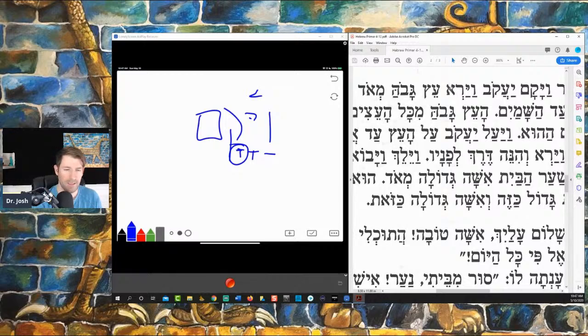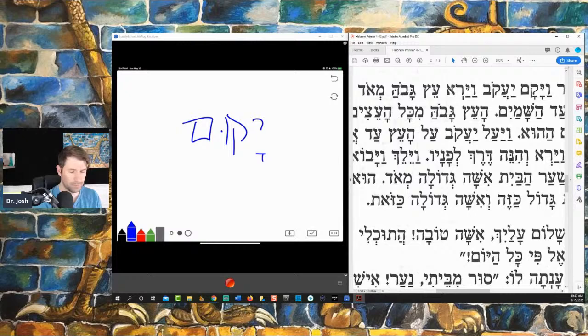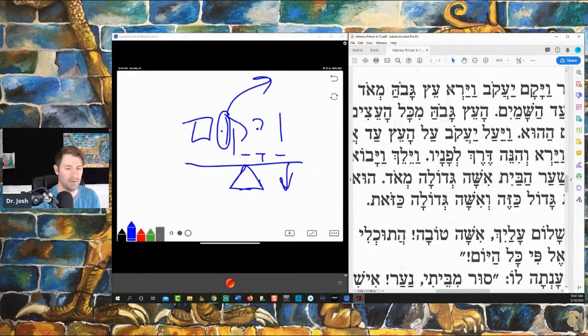Notice the hey has popped off in similar fashion, when you add this really heavy vav patach doubling dot. If you were to put that on a balance or something, it would get really heavy, and this big shuruk would fly off, and they'd have to replace it with a little o. I don't know, is that a good way to think of it?